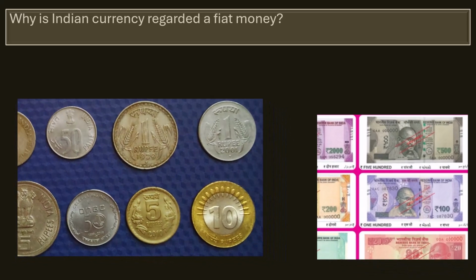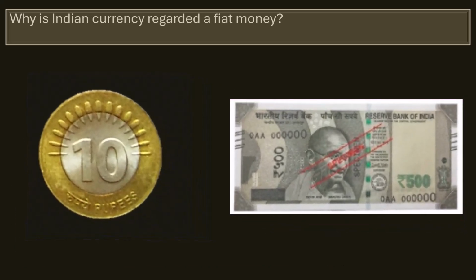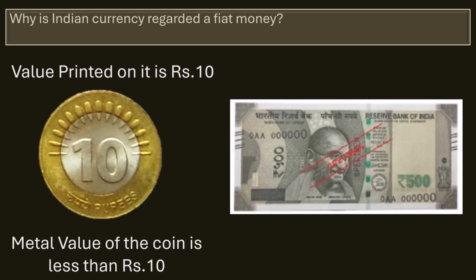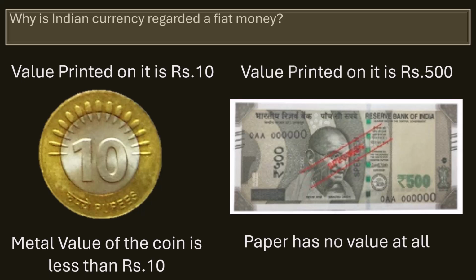It is fiat money because the face value of the coins is always much higher than the face value of the metal used for its creation. The paper currencies, as such, have no value at all. In short, face value of Indian currency is greater than its intrinsic value.